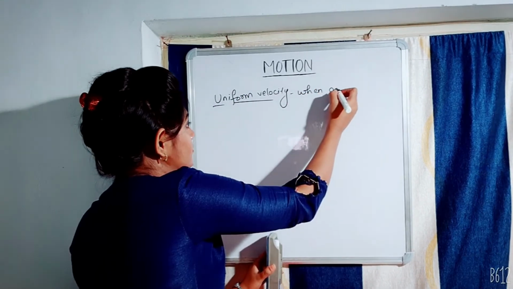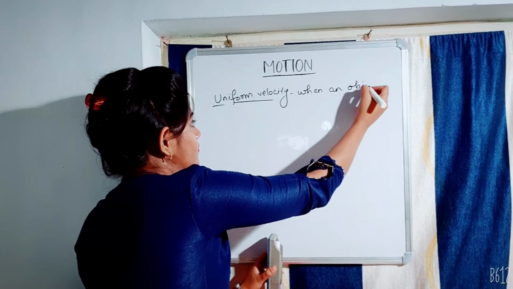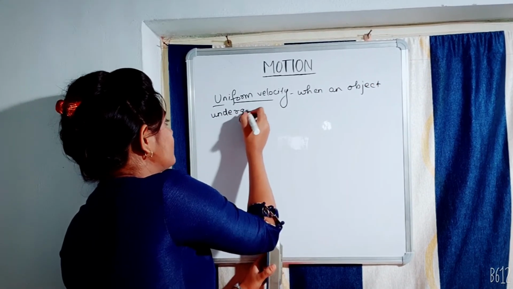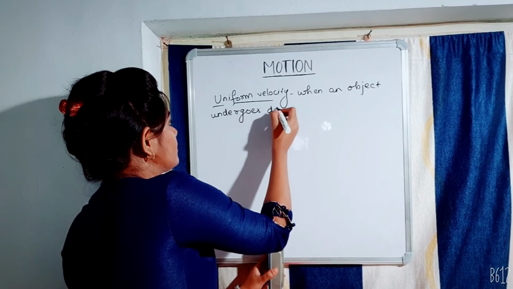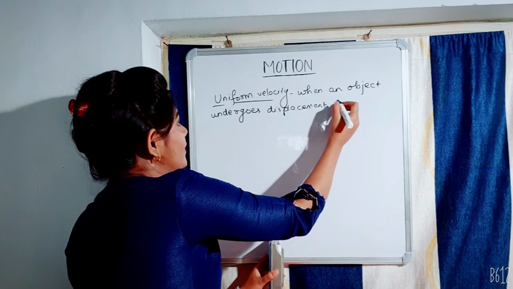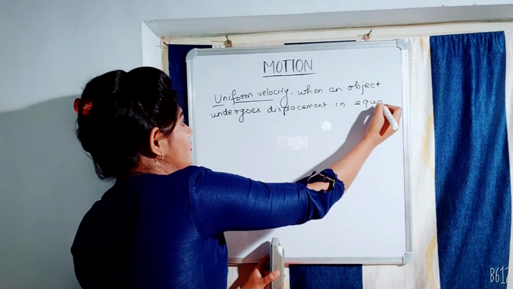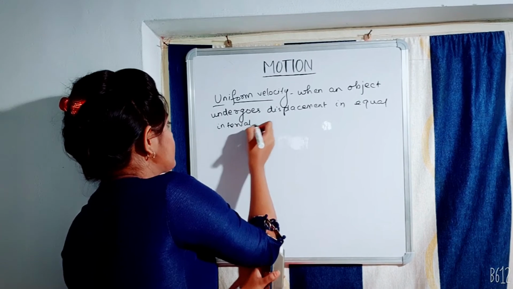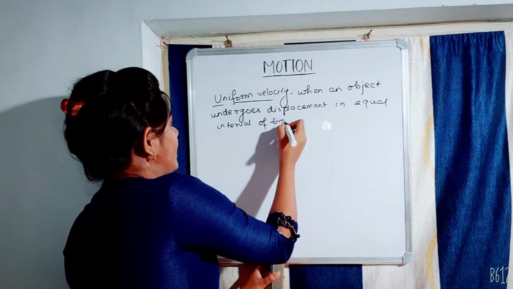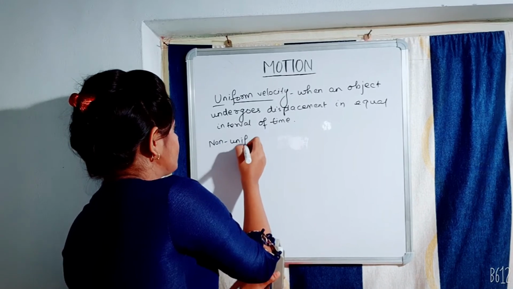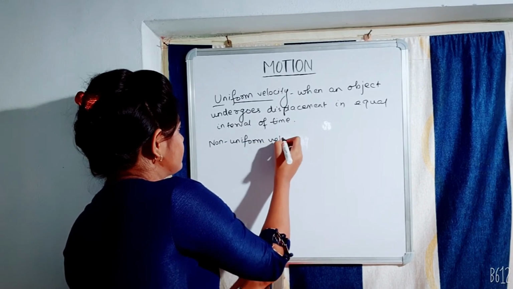When an object undergoes displacement in equal interval of time, and what is non-uniform velocity?